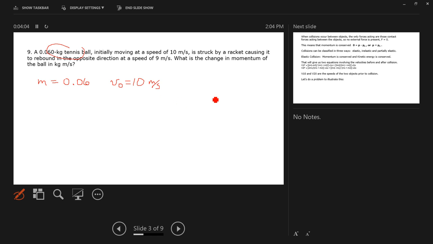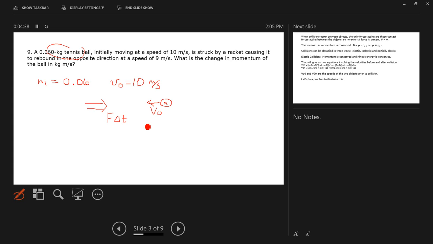I think I'll draw it like this. Initially, let's say the ball is moving to the left, with velocity v0 and mass m. It's going to be acted upon by a force in this direction, F, which acts for a certain amount of time, delta t.